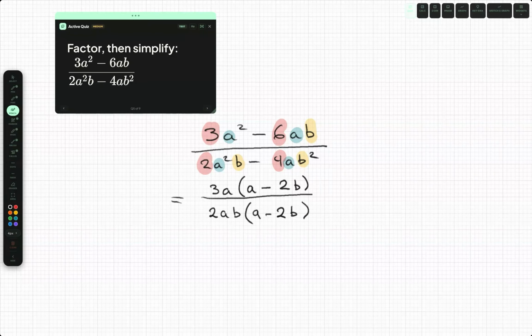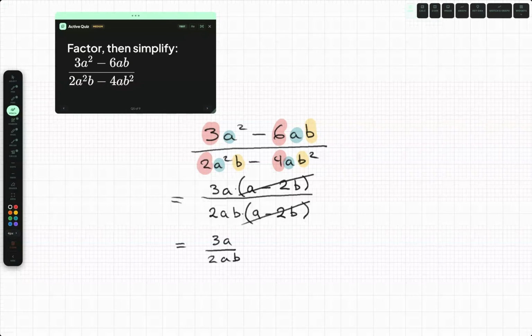And looking at that, they are both being multiplied by the same factor, so we can cancel both of them and be left with 3a over 2ab. But that's not enough. We've also got this common factor of a between them, which means we can also cancel both of these a's and be left with 3 over 2b.